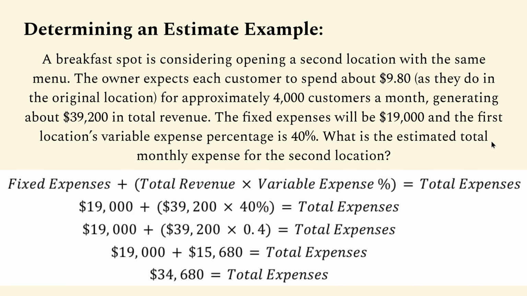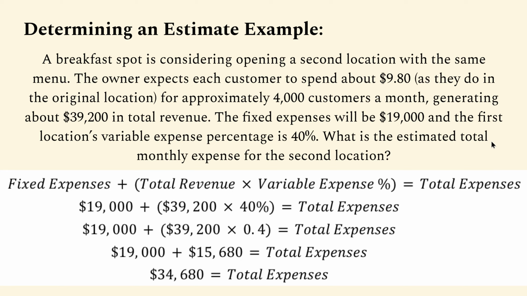So here is an example of opening a second location. A breakfast spot is considering opening a second location with the same menu. The owner expects each customer to spend about $9.80 as they do in the original location. So again, using information that they already have. For approximately 4,000 customers a month, that is an estimate for the new building.